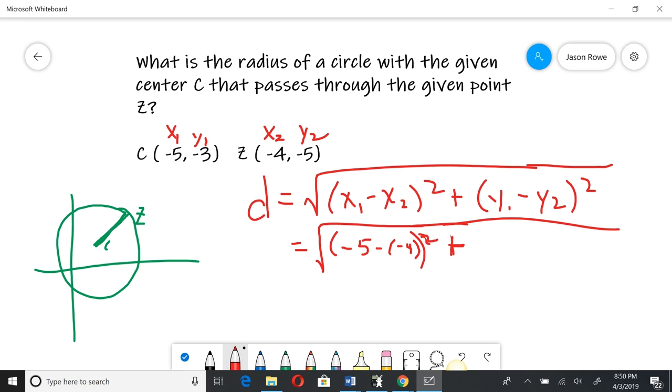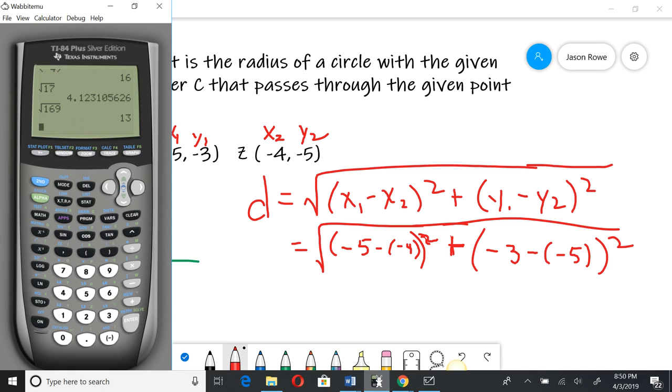Okay, and then plus the differences of the y squared, so we got (-3 minus -5) squared. -5 minus -4. If you're not sure about this subtraction, don't be afraid to use this calculator. -5 minus -4 should be -1.